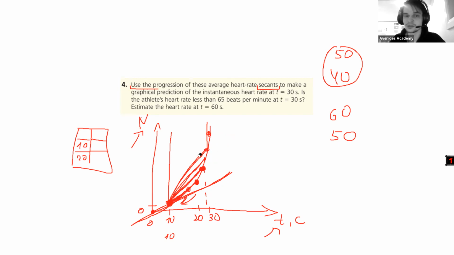But in this case, we're looking at the point that starts at 30. So we would keep approximating it, keep creating secants until we are reaching some value that is extremely close to the tangent value.